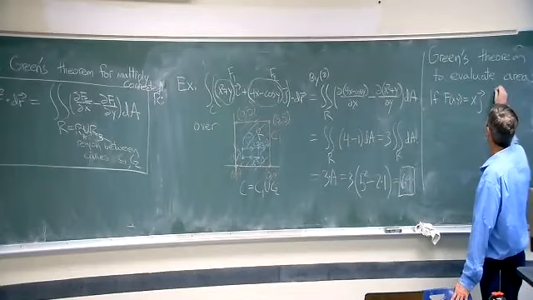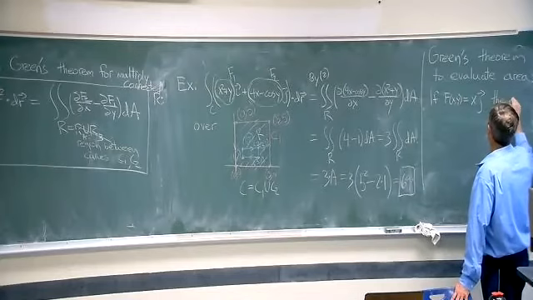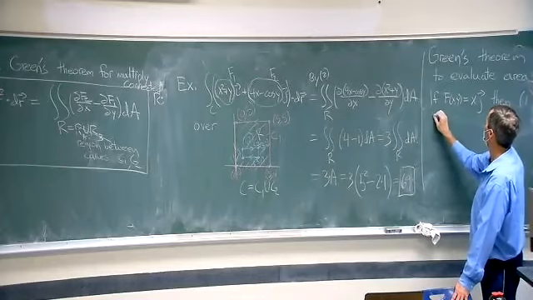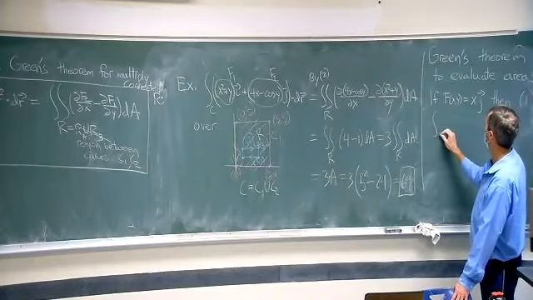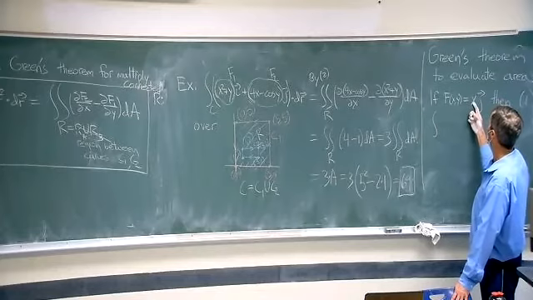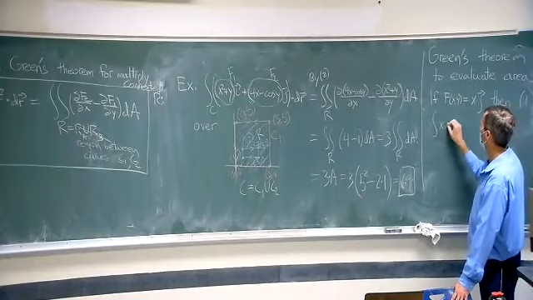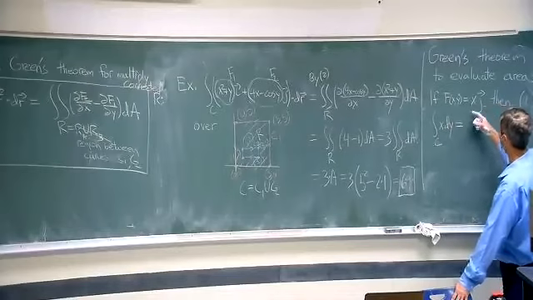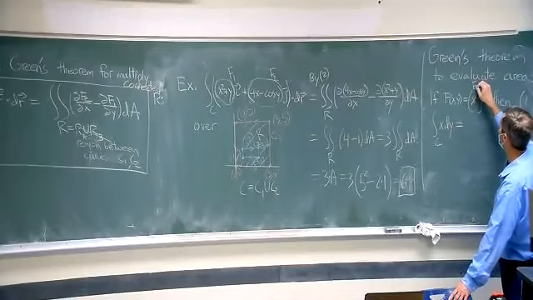All right. Then Green's theorem, equation 1, becomes what? It becomes the line integral of 0 dx plus x dy. That's the line integral corresponding to this F2 and F1 equals 0.